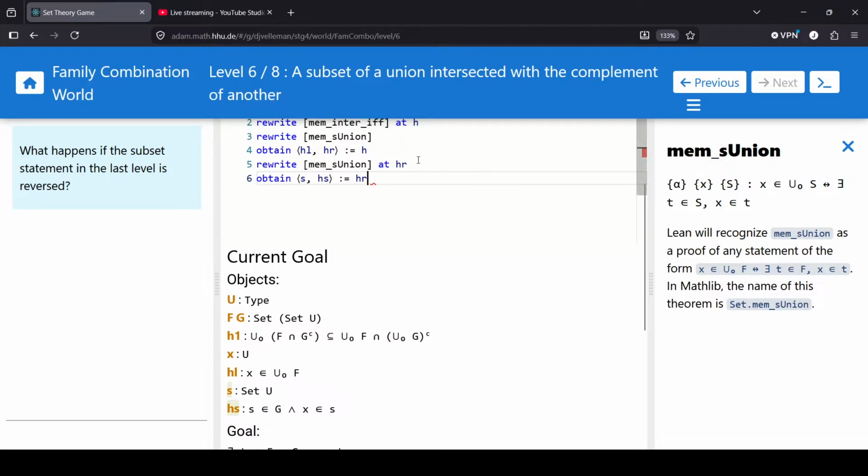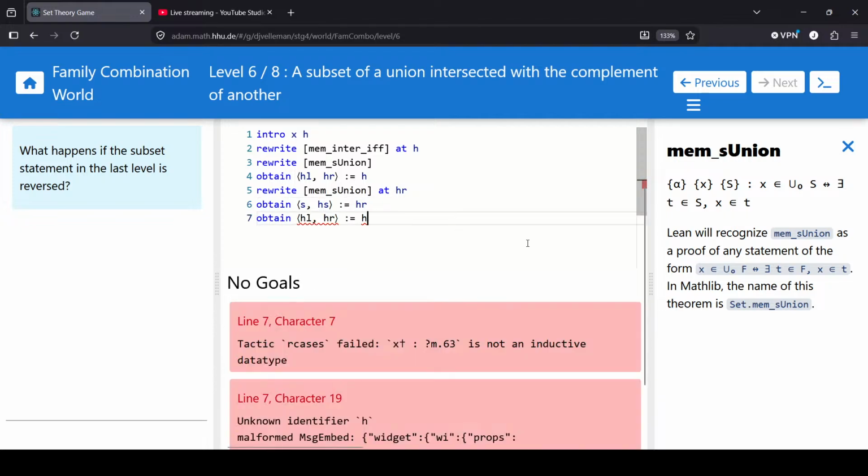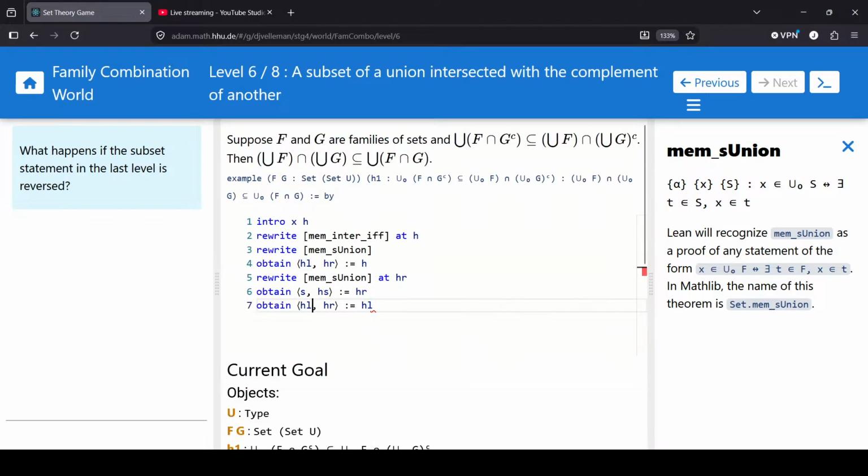Like, it has to be just doing this, right? I just see no other way. There's nothing else I can do. Right?